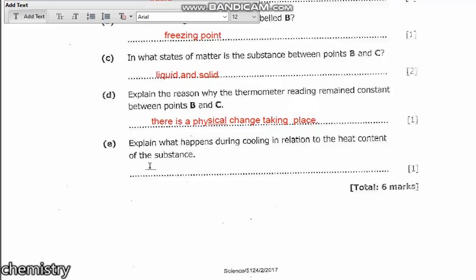So what happens to the heat of the substance? The heat is lost so that the particles come closer to form a solid. That's all.